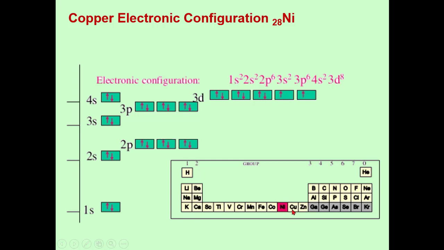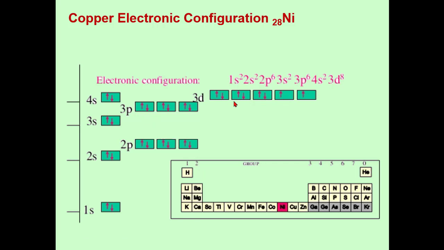The nickel position is quite a neighbor to copper. Copper has 29, which we just recently studied, and before copper it is nickel, so nickel has 28. Comparing the electronic configuration, it is similar with a slight difference: 1s2, 2s2, 2p6, 3s2, 3p6, 4s2, and 3d8.